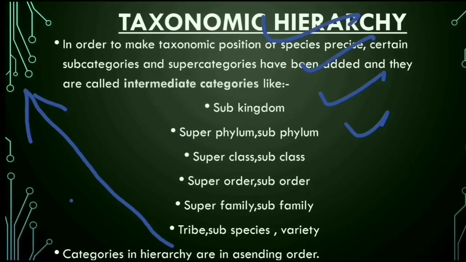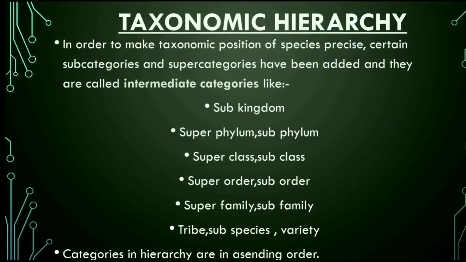So what is taxonomic hierarchy? In order to make taxonomic positions of species precise, certain subcategories and supercategories have been added, and they are called intermediate categories. So subkingdom, superphylum, subphylum, superclass, subclass, superorder, suborder, superfamily, subfamily, and so on.